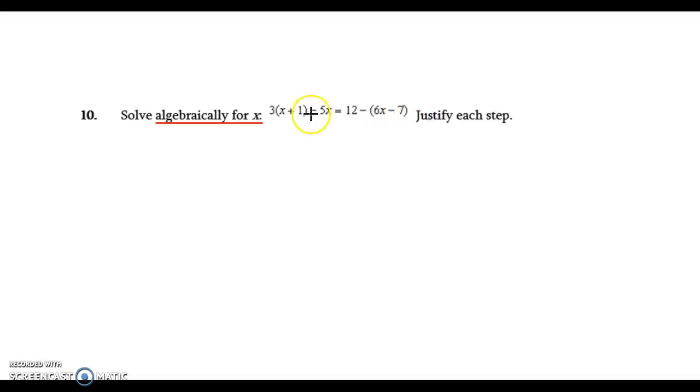We're going to first try to use the distributive property, and I'll write down the properties that I'm using. First, let me write the original problem, and I'm going to write given because it was given to me like this. I'm going to do the distributive property on this first part of the equation. That's 3x plus 3. I still have that minus 5x. And now I'll do the distribution on this second side.